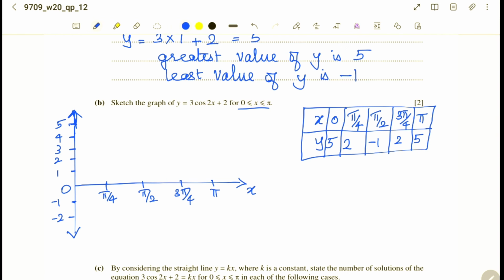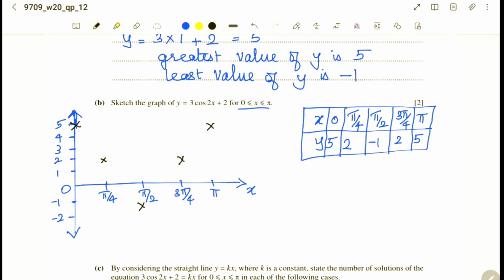The first x value is 0, y is 5. So this is our first value. Next, pi over 4, 2. This is our second value. Third is negative 1. Again 2, 5.